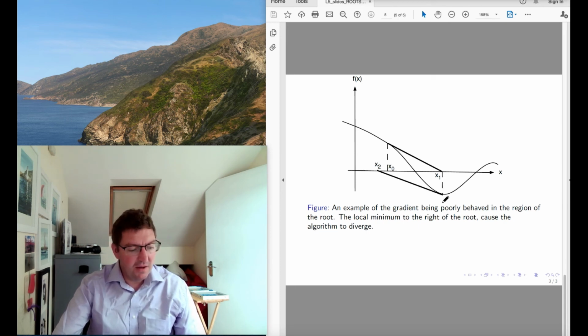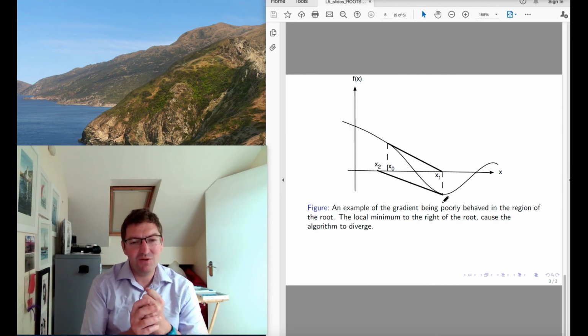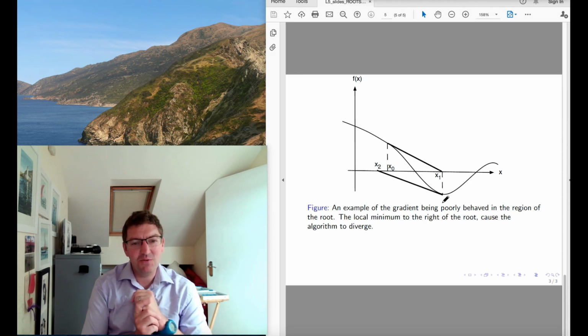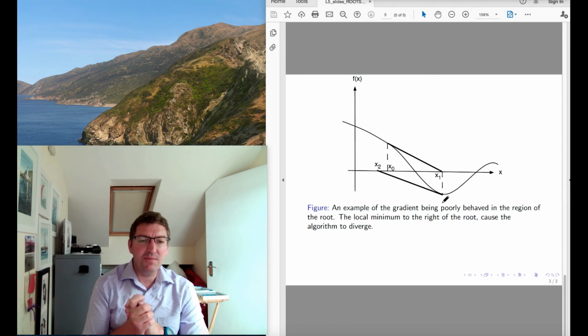Okay, so I hope you see that what we've been doing in this first week and a half of this module is revisiting old friends in terms of numerical methods, and then trying to analyze them a bit more rigorously, understand their different convergence rates.